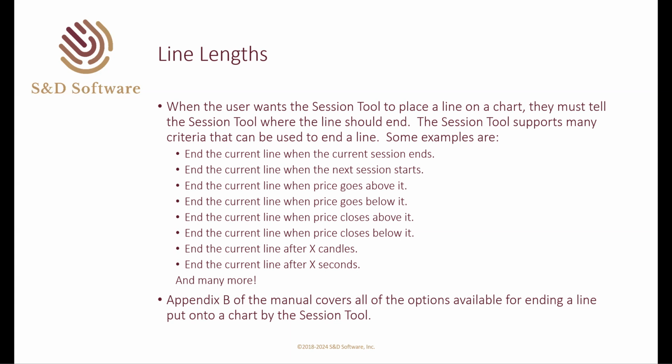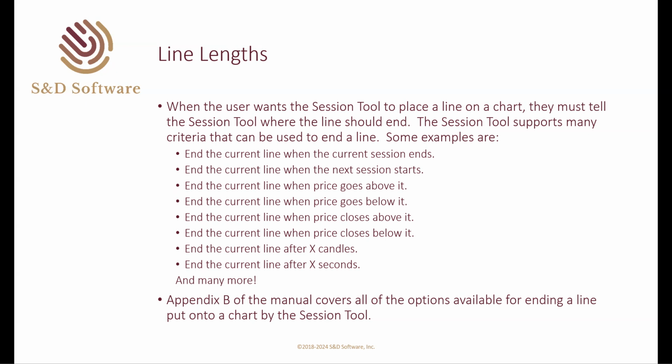You can do things like have the line stop when price crosses it, either going above it or below it. Or you can have it close. Price has to close above it or close below it before the line stops. You can also specify that the line goes for a certain number of candles or a certain period of time. It could be seconds, it could be minutes, it could be hours or days or more.